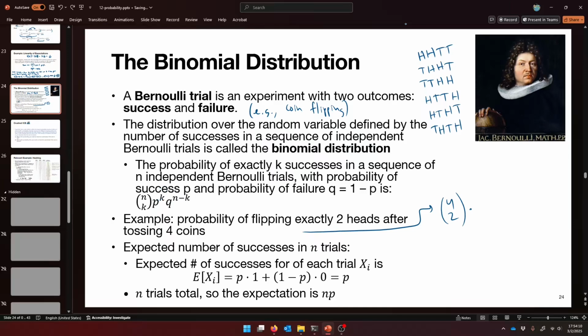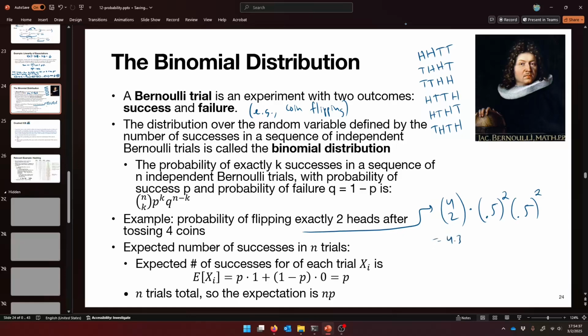So there's 2 successes, so it's 0.5 to the power of 2. And then times the probability of failure, which is also 0.5, to the power you need to fill in up to 4, right? The probability that it succeeded twice in 4 trials, so that means you also failed twice.